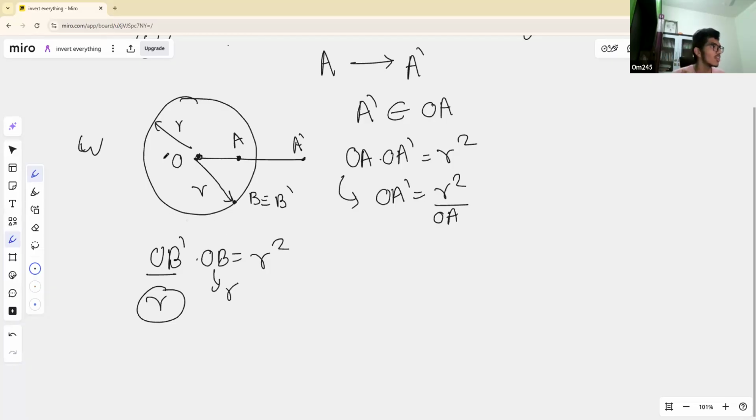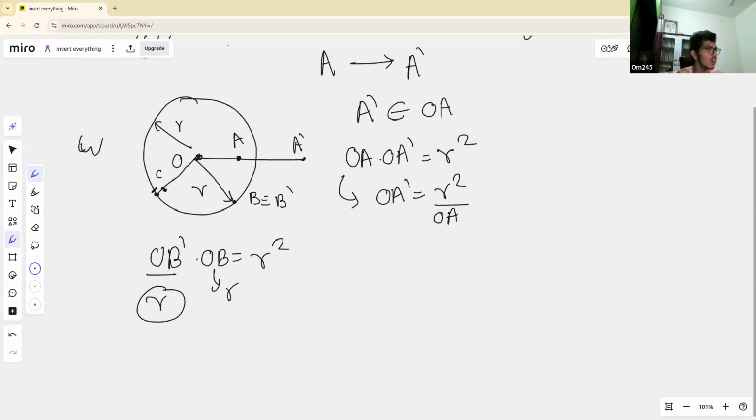Now let's go with some interesting one. Suppose you consider some point C here. Where should C dash lie? You should have some good intuition about where the inverted point goes, because that will help you visualize the problems later on very easily. What do you think? We know that if C lies on the circle, then it maps to itself.